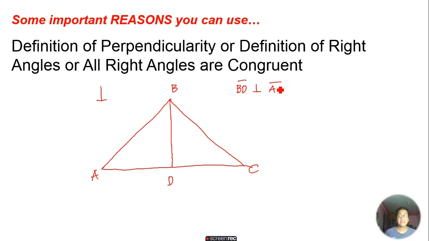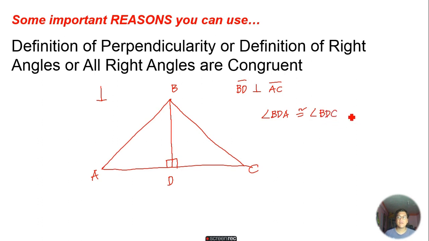Because it is perpendicular, I can form a right angle there. One triangle has a right angle and the other triangle also has a right angle. So I can say that angle BDA is congruent to angle BDC.